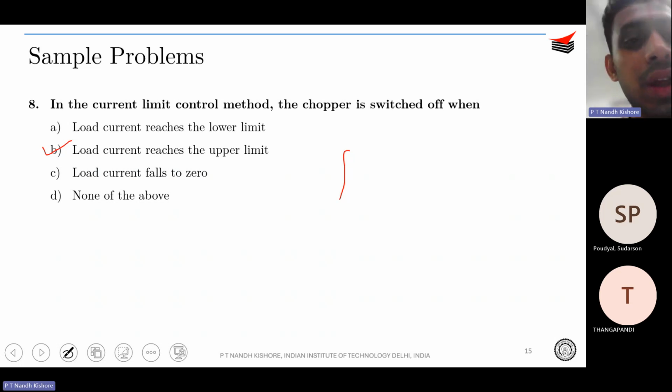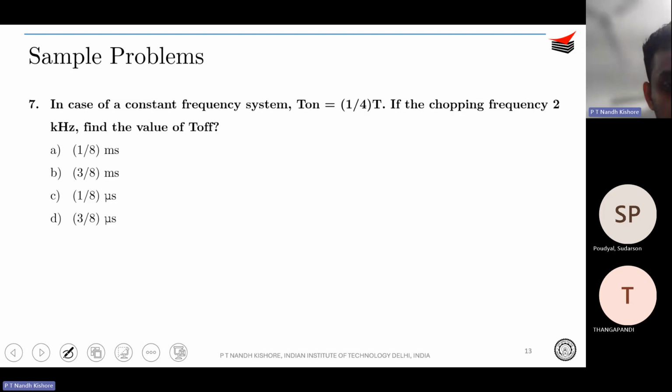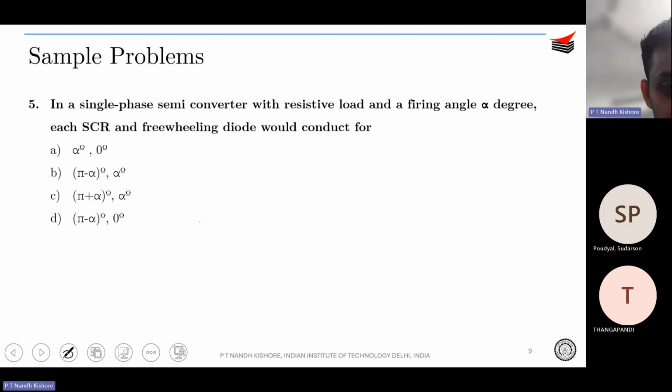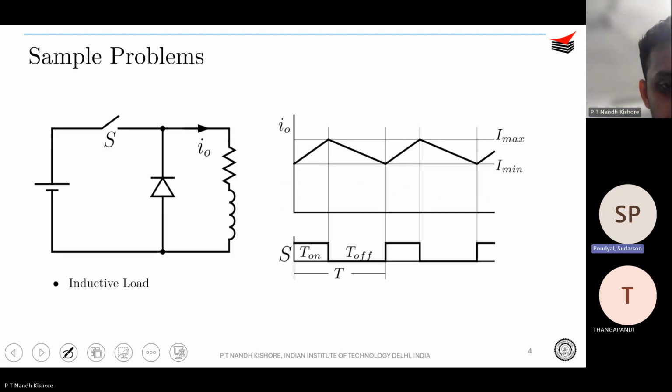I had one picture over here, right in the start. The entire load side that you see over here, your R and L, can be approximated as your armature winding.